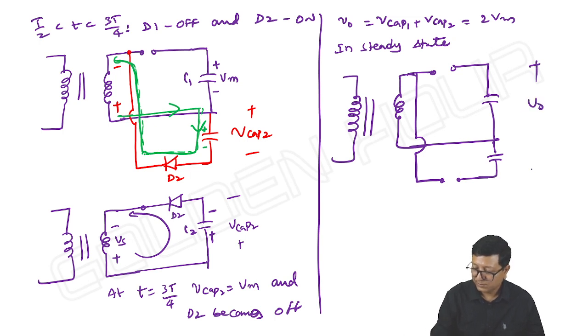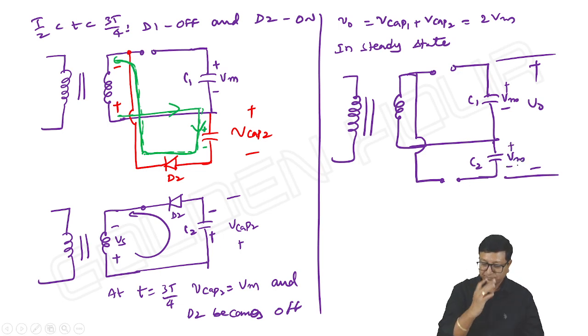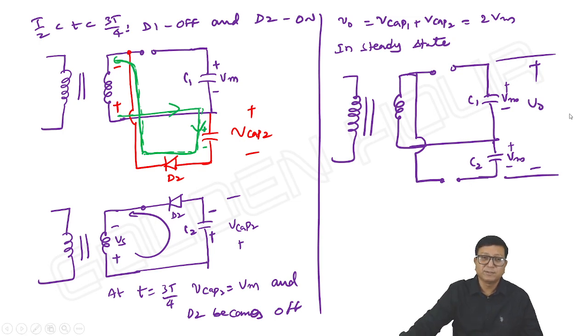For the overall output, C1 has charged up to Vm, and C2 has also charged up to Vm. That's it. Okay. This is the idea here.